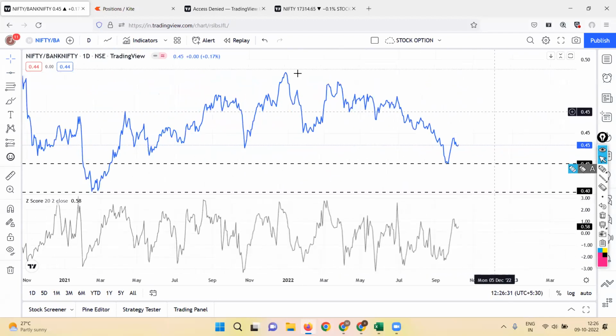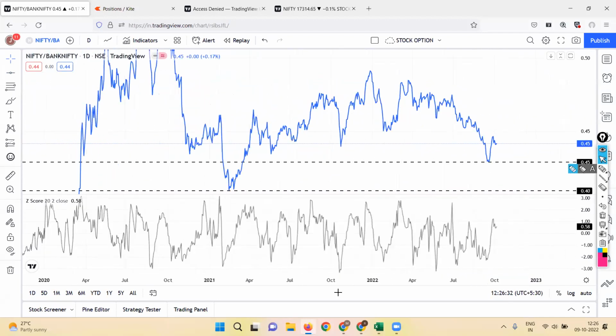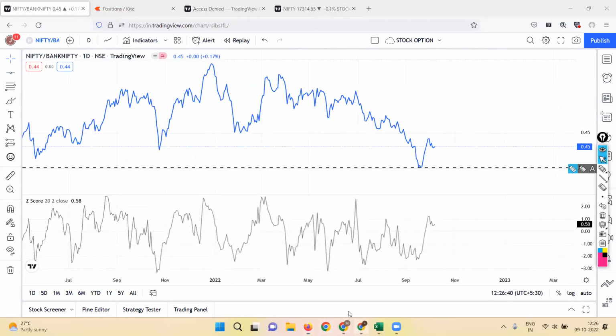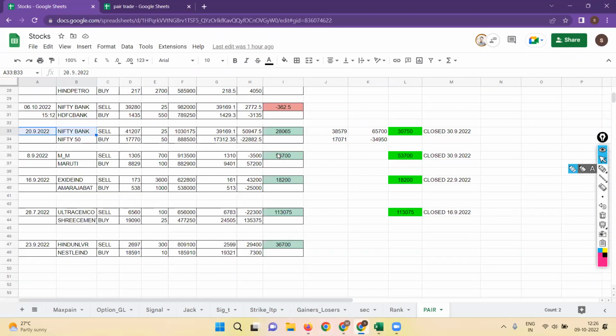On 20th September, this condition was fulfilled. At that time, the spot price of Bank Nifty was 41,207 and Nifty 17,770 on 20th September, closed on 30th, roughly 10 days, 28,000 profit.